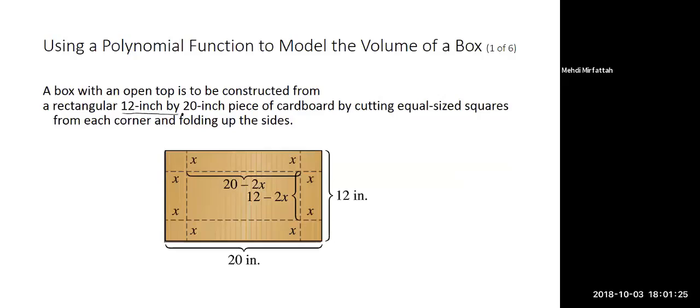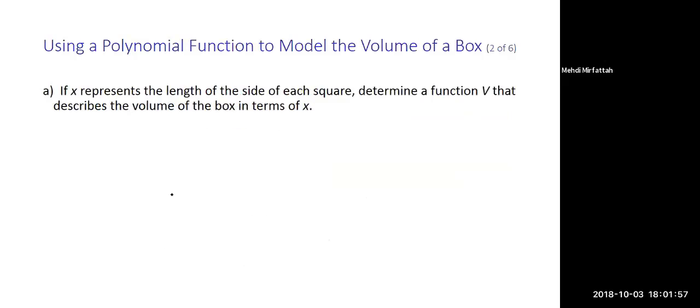So we are cutting x from each side. As you can see, this would be 20 minus 2x, and the width here would be 12 minus 2x. Okay, we have all the information we need here to solve for the first part.